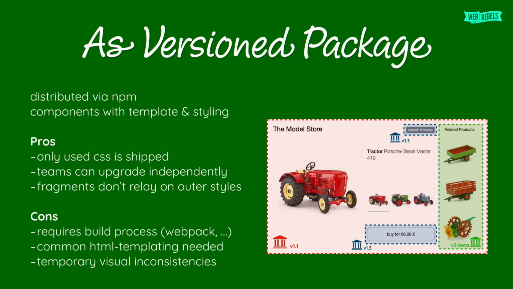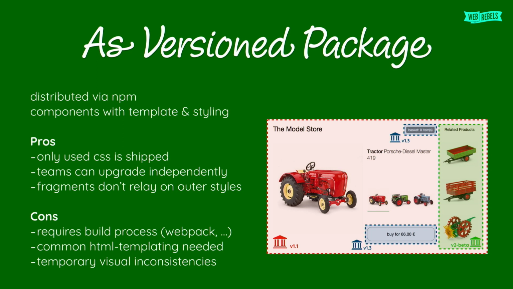The pro is that only the CSS that is actually used is shipped. So if you deliver a fragment which only has a headline and a button, you only need to ship the headline and button CSS with your fragment.